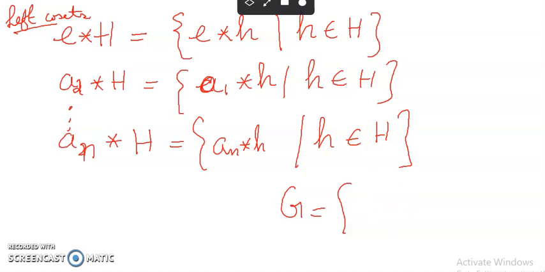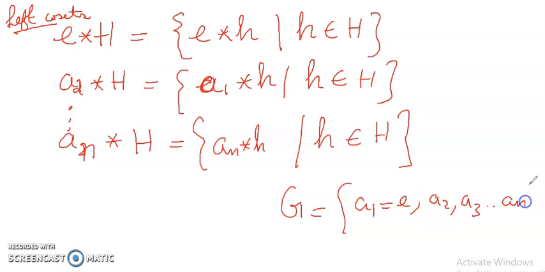A1 is the identity, then A2, A3, etc. up to An. N elements are there, A1 to An. So we define the left coset for all the elements of G, and it is defined like this.